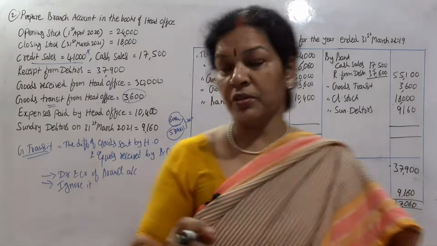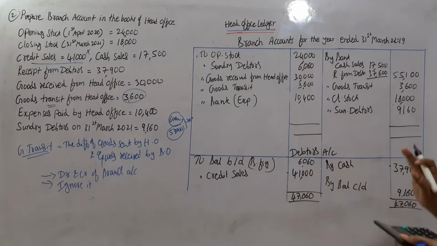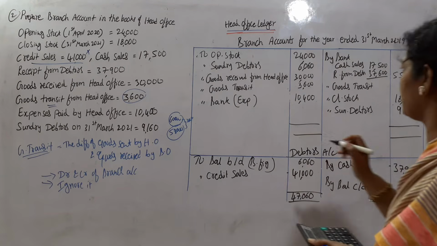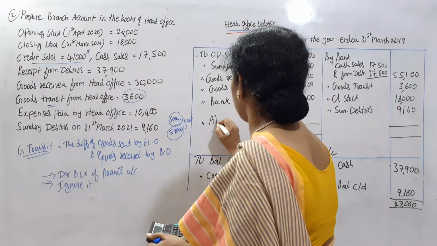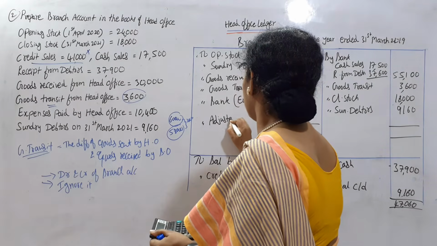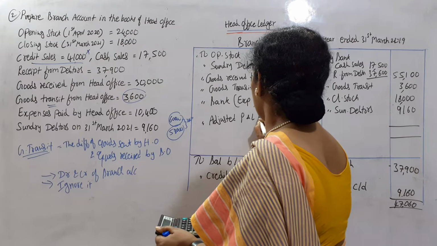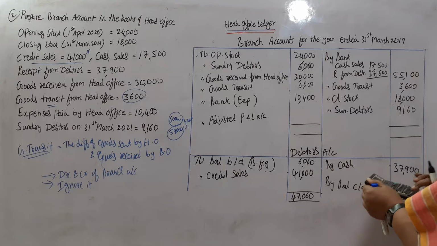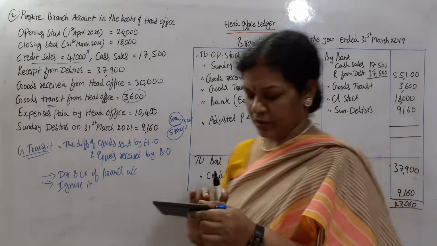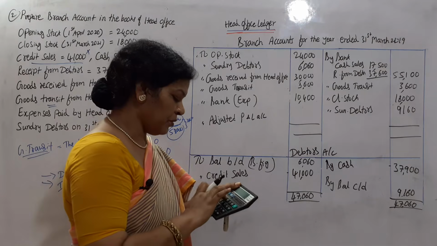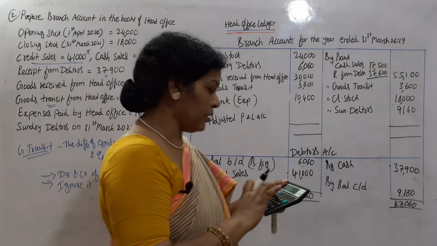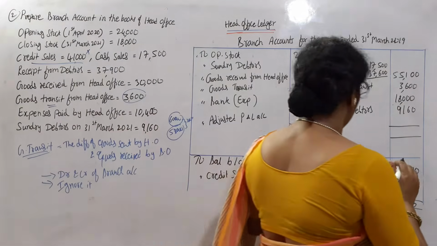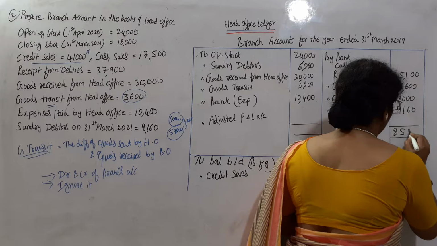Now we will close it. So the difference will be adjusted to the profit and loss account. Which side is more? Debit side, credit side is more, it seems. Adjusted profit and loss account. So 55,100 plus 3,600 plus 18,000 plus 9,160 comes to 85,860.